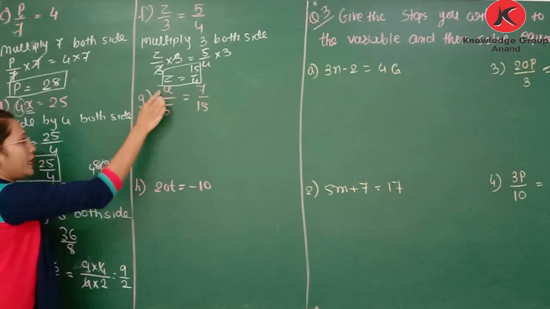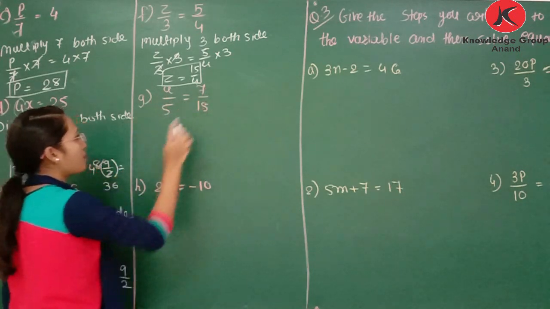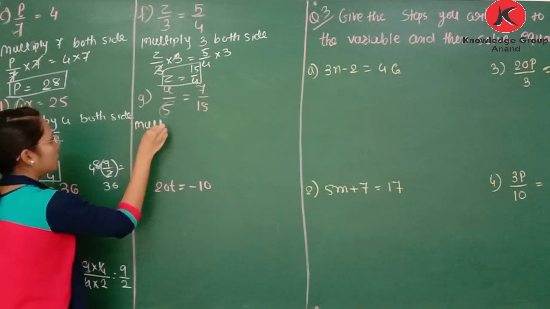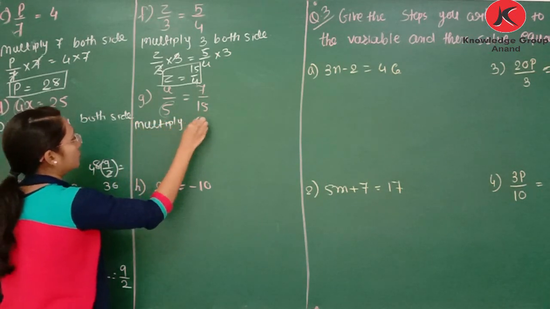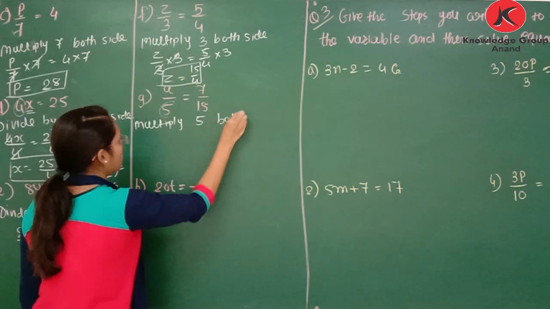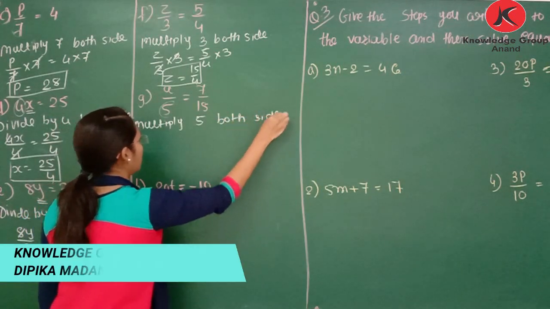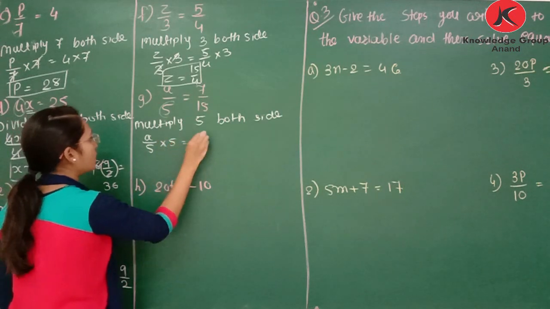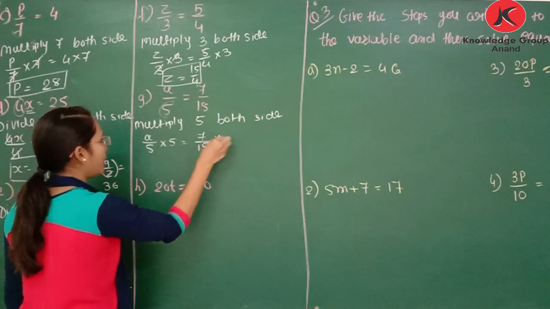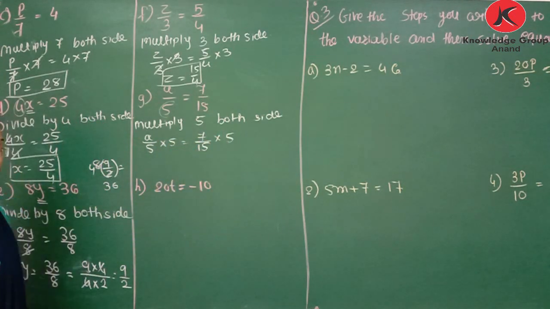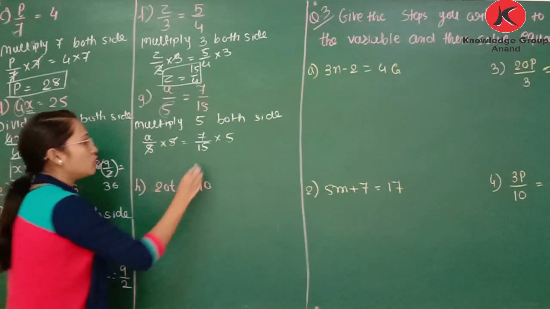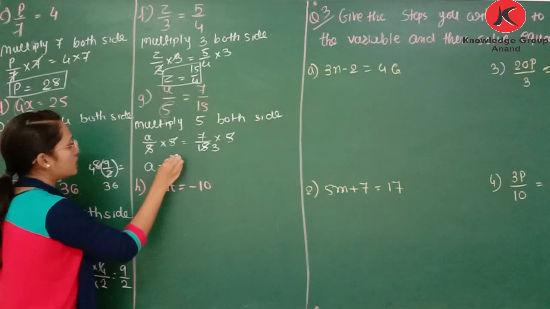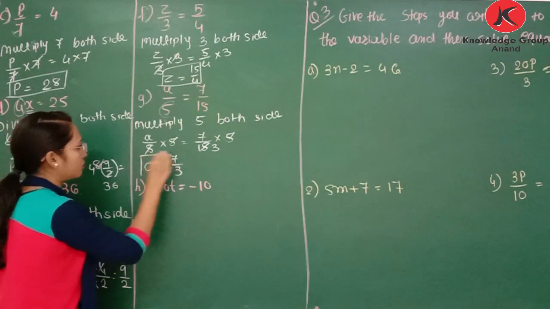Again next one, a by 5 is equal to 7 by 15. We need to remove this 5, so multiply 5 both sides. So we have a by 5 multiply 5 is equal to 7 by 15 multiply 5. Here you can cut 5, you can cut the common factor here. 5 3s are 15. So a is equal to 7 by 3.